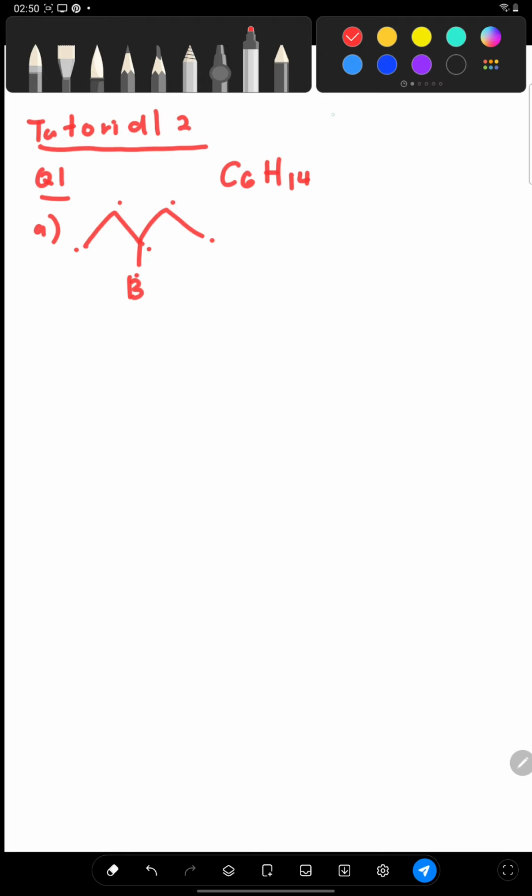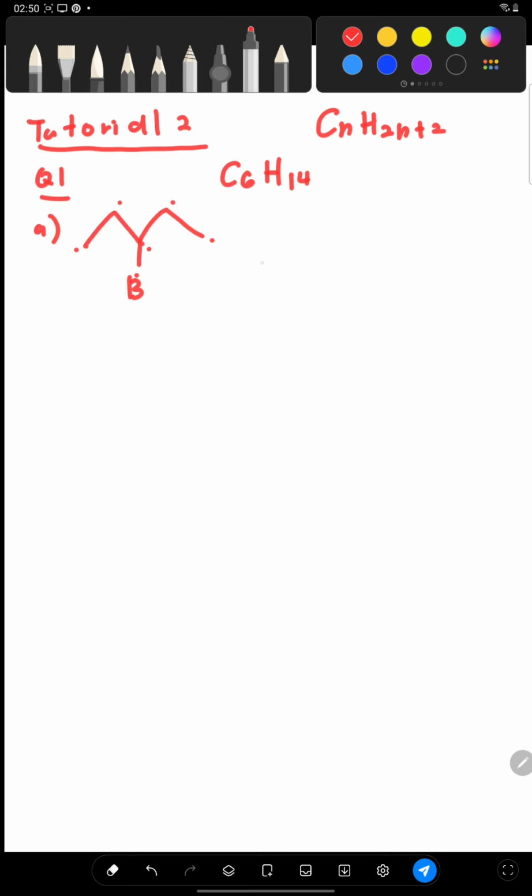So the formula is CnH2n+2. You double check: if n is 6, 6 times 2 is 12, 12 plus 2 is 14. So C6H14.